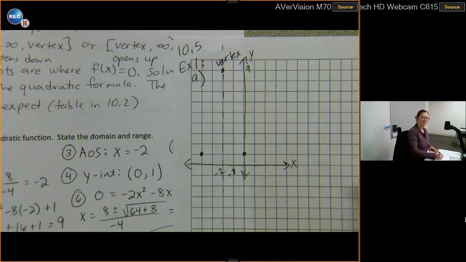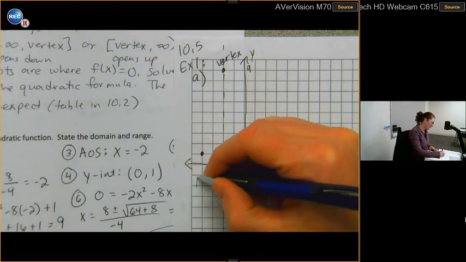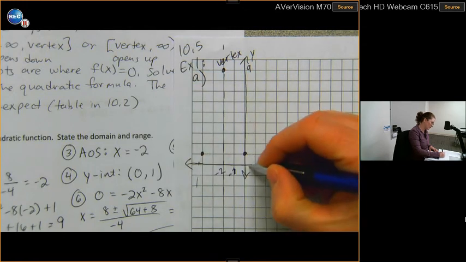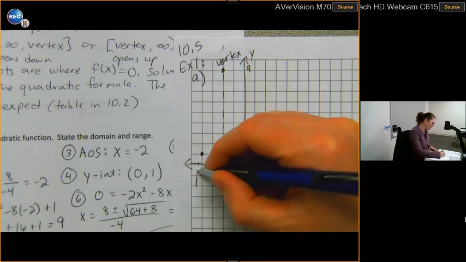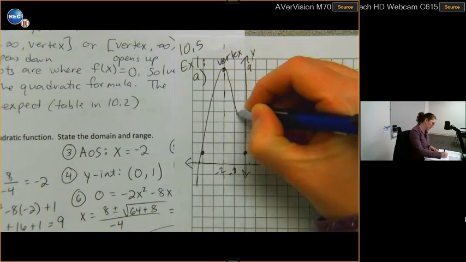So I really don't even need to plot my x-intercepts because 3 points is enough. My x-intercepts are going to be somewhere here and here. Those would be decimal values. I'd have to use my calculator to compute.